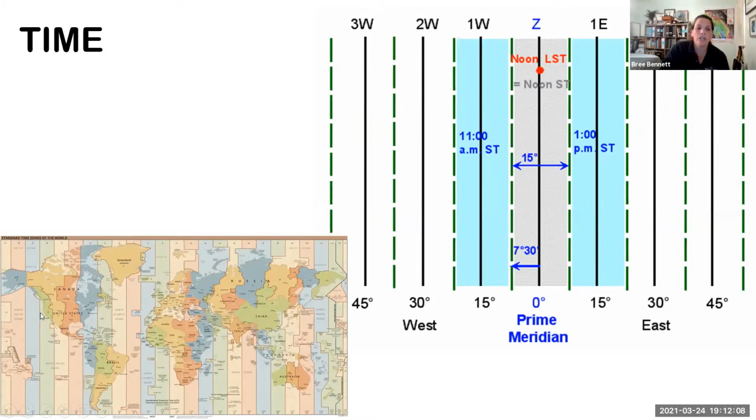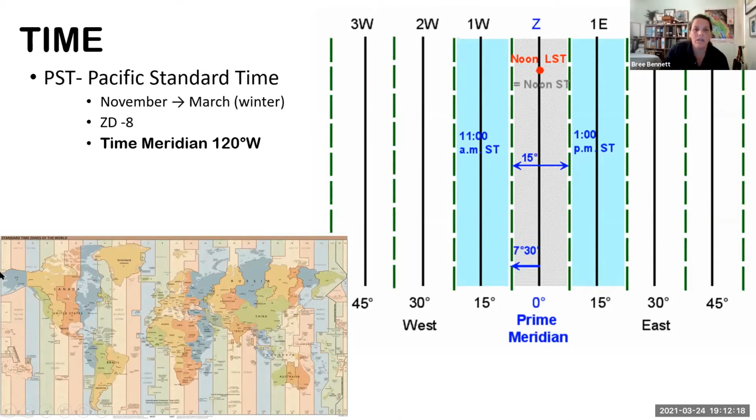Okay, so you want to know what your boat's observing, and what port you're entering is observing. So let's talk about the West Coast here. In the winter, we have our Pacific Standard Time. That is going to be zone description -8 with our central time meridian of 120.